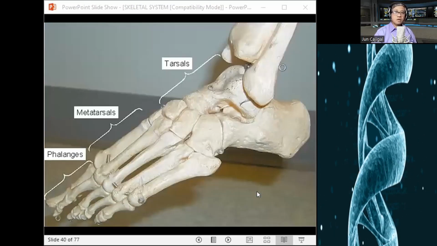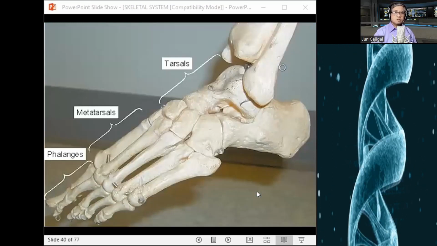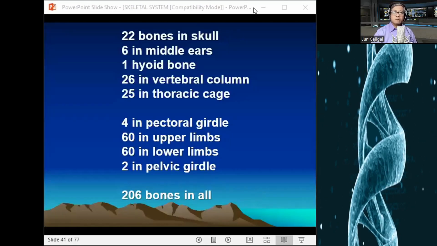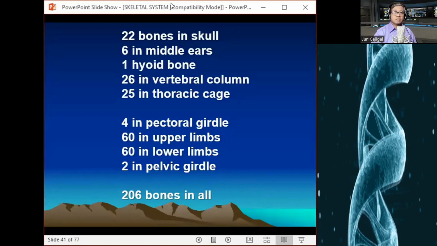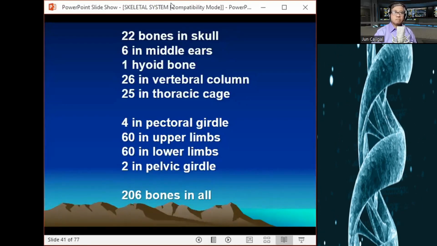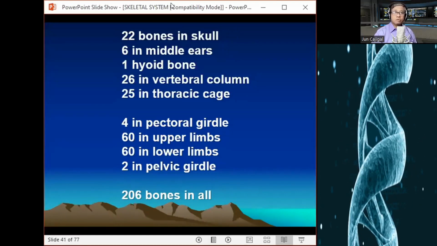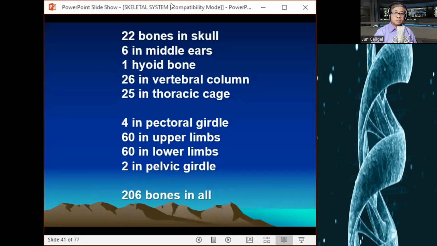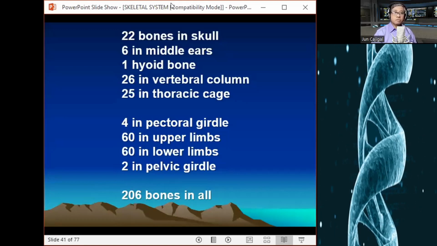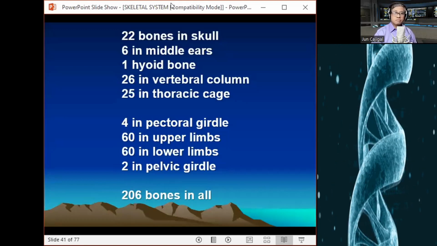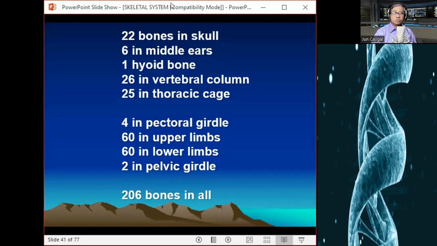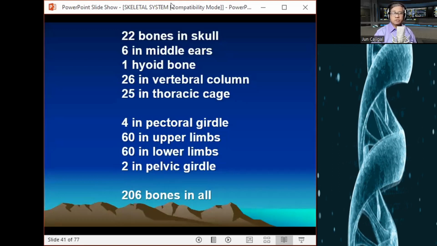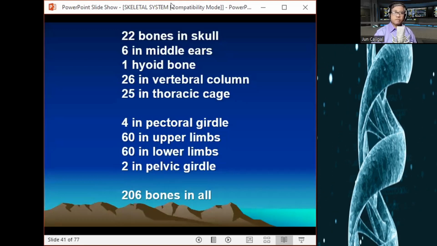So all in all, we have the following: 22 bones that make up the skull, 6 bones in the middle ear, then 1 hyoid bone, 26 in the vertebral column, 25 in the thoracic cage, 4 in the pectoral girdle, 60 in the upper limbs, 60 in the lower limbs, 2 in the pelvic girdle, and all in all, we have 206 bones in an adult skeletal framework.